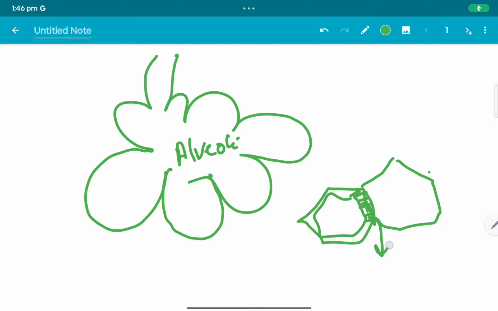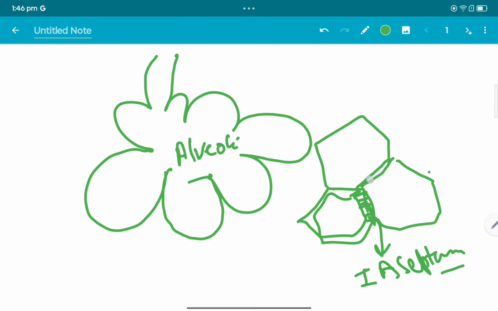The common wall between two alveoli is called the interalveolar septum. They are polyhedral in shape and this is the alveolar septum.